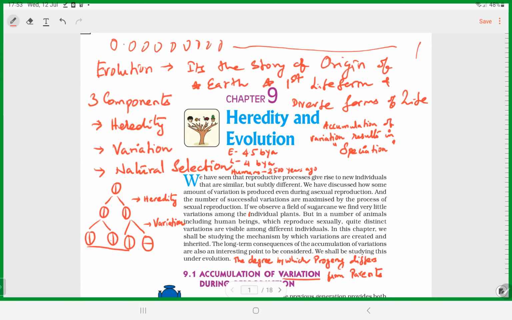Slowly it will become 0.1, slowly 1% variation. It takes millions, billions of years. Slowly the variation accumulates, and if 1 to 2% DNA changes, a new species is evolved. So accumulation of variation results in speciation.